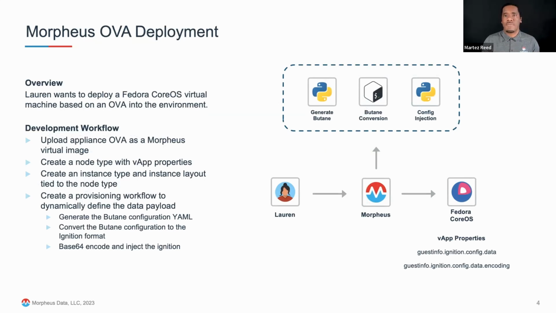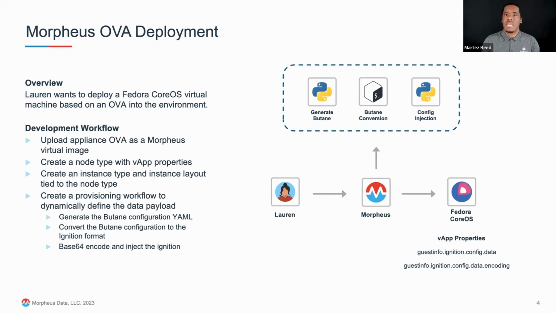The thing of note with Fedora CoreOS is that it is deployed via an OVA into a VMware vSphere environment. And so that means that we need to have the ability to inject those OVF properties during the deployment of this particular system in order to leverage the system. There are two pieces of data that the OVA is asking for during deployment.